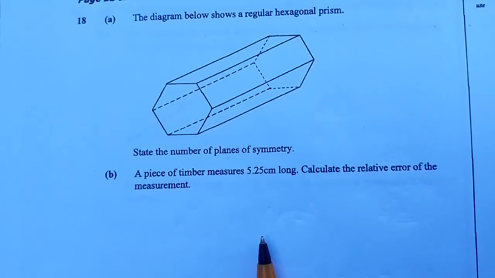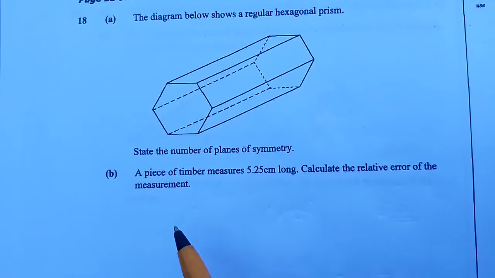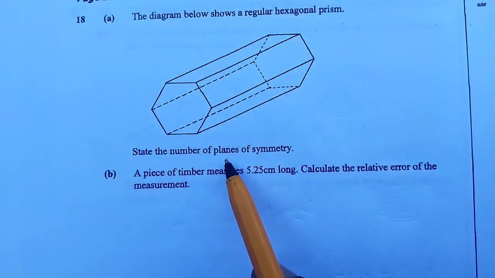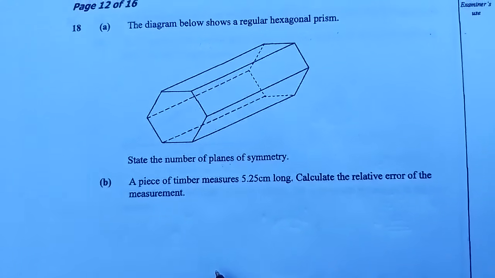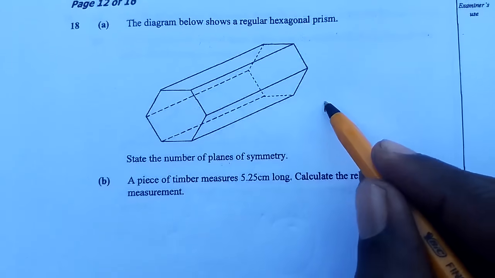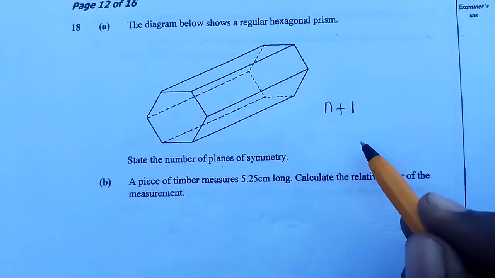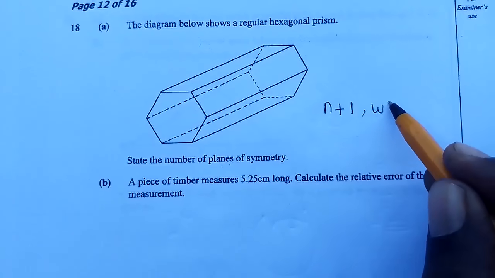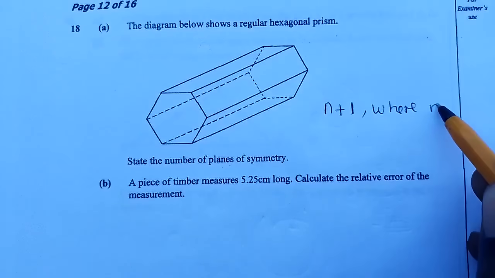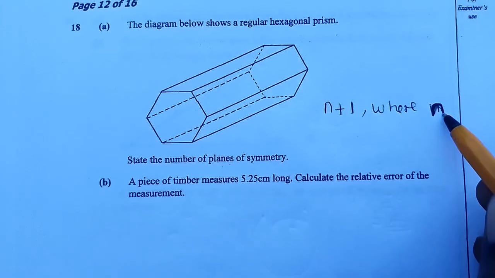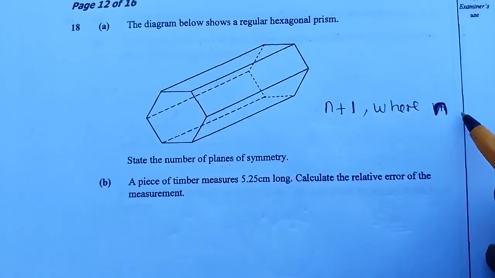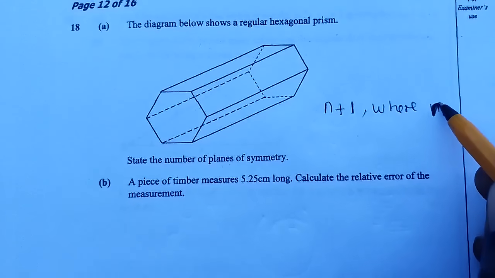So now the question is saying, state the number of planes of symmetry. So what is the formula? The formula, you just say it is n plus 1. Where n, I want you to understand, is the number of sides that the hexagon has.